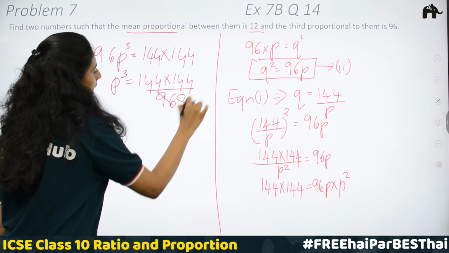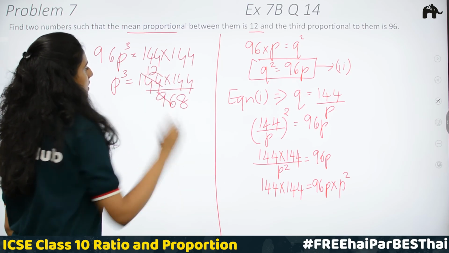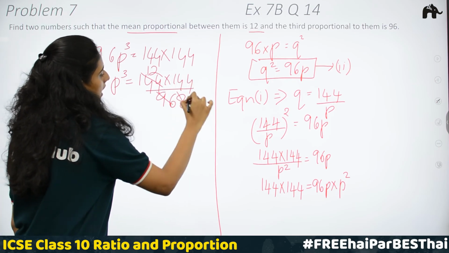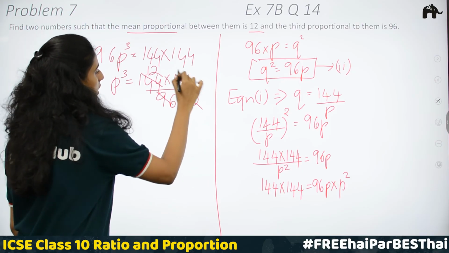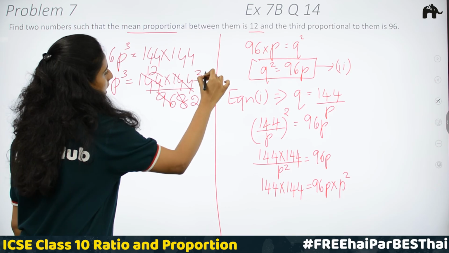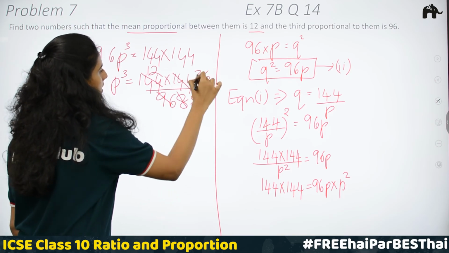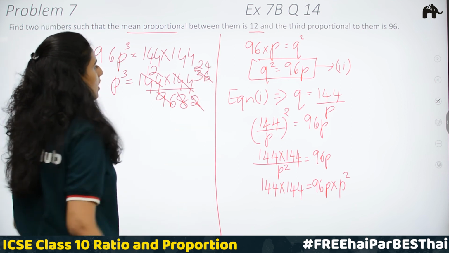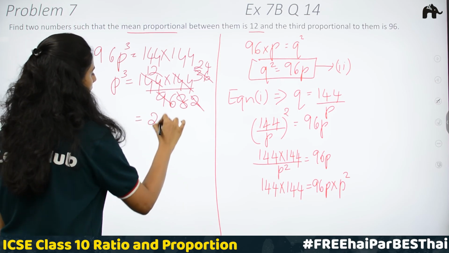12 into 8 is 96. 12 into 12 is 144. Again, 8 is 4 into 2. 144 is 4 into 36. 2 and 36 can be cancelled. We get 24. Now 24 into 12 is equal to 216.